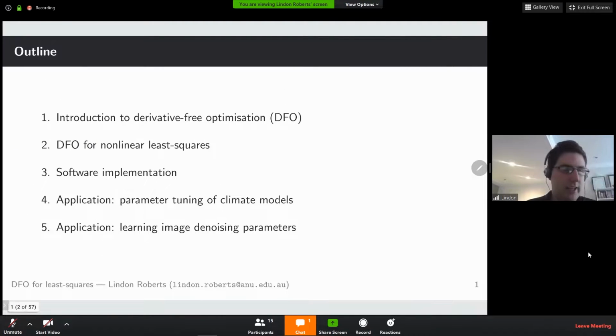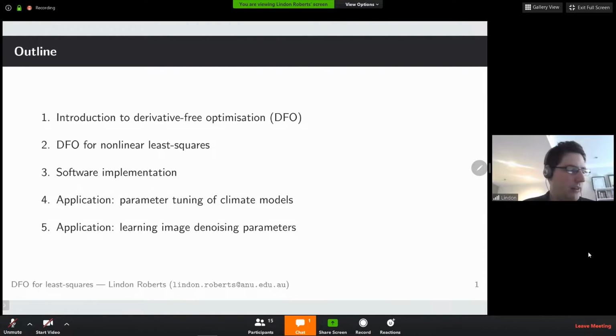So the plan today is that I'm first going to give everyone a bit of background into what derivative-free optimization, which I'm going to call DFO, is, under the assumption that you only have limited experience with optimization, just to make sure that no one's left behind. I'm then going to talk about how we specialize that to parameter fitting problems in the context of nonlinear least squares problems.